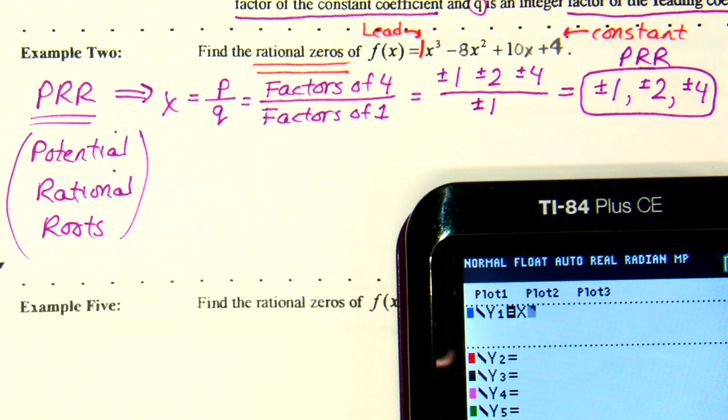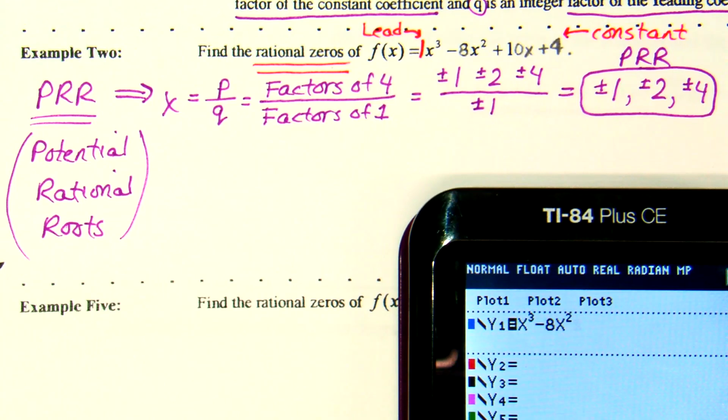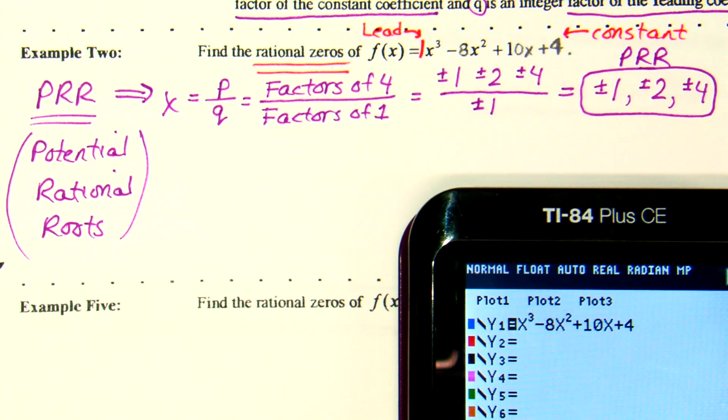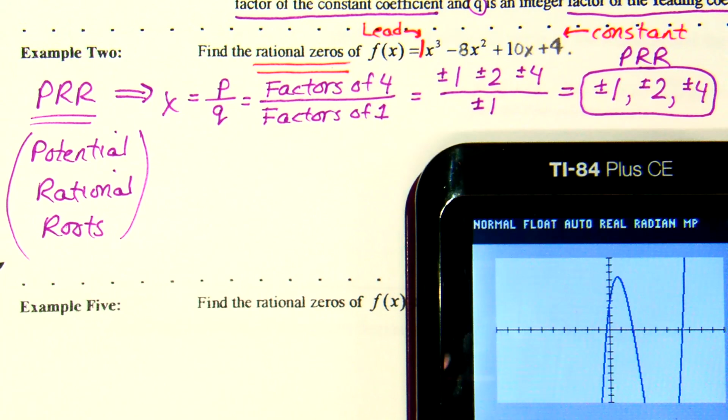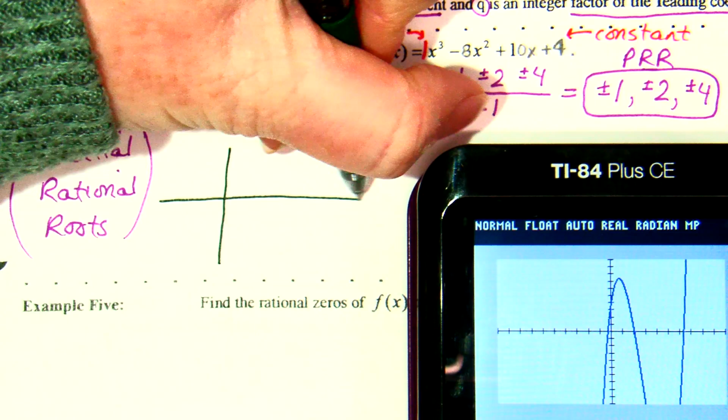Where are we going to find zeros? X-intercepts. So if I graph this, I have something that looks like this, right? And I am going to put a little sketch here in my work.